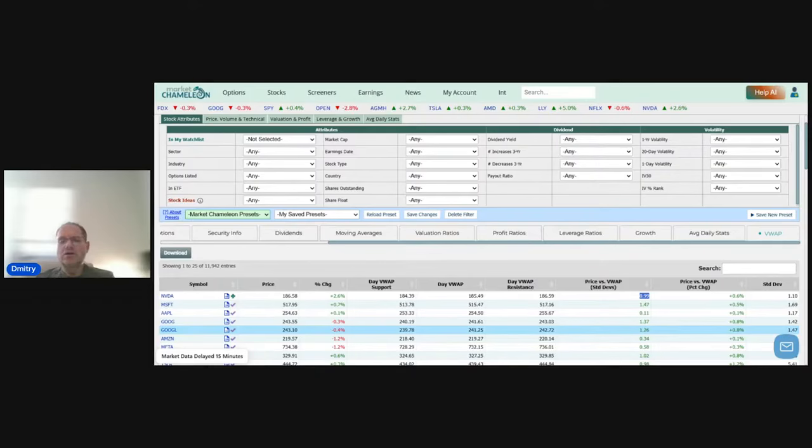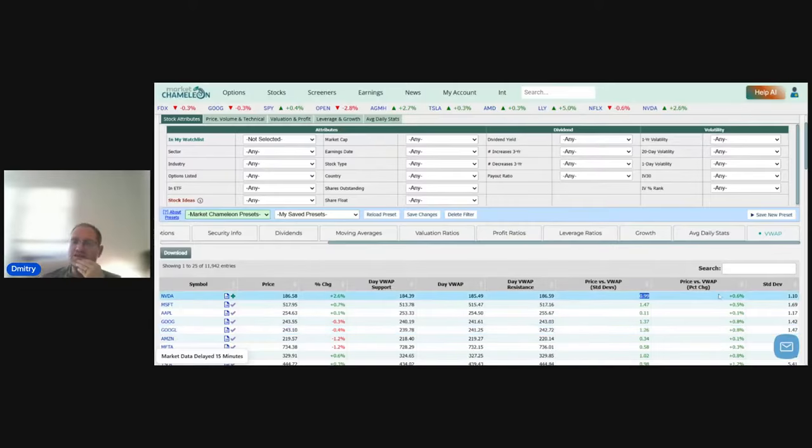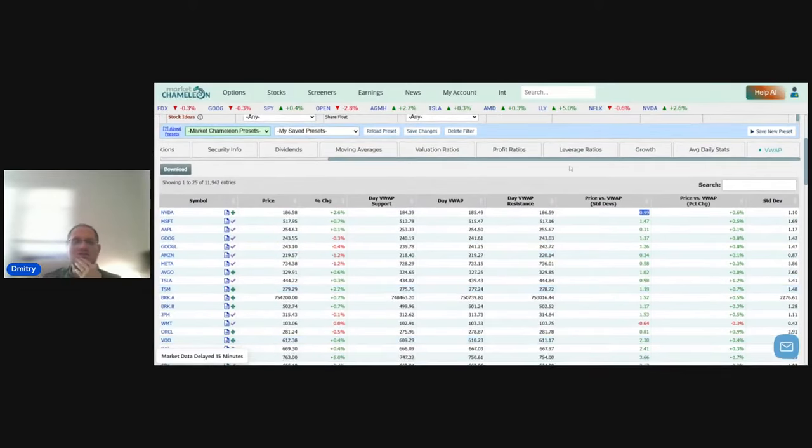Even though it's on the more bullish side, with the stock drifting higher from the VWAP, it didn't move outside that expected range of standard deviation up or down. This quickly lets us compare, even in a table, how all the other stocks are doing.